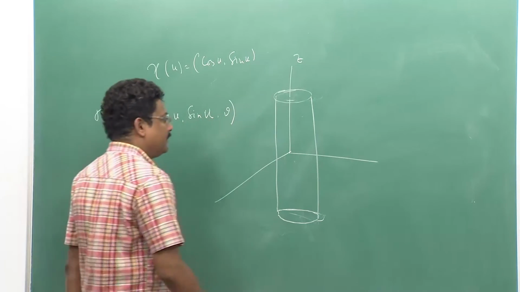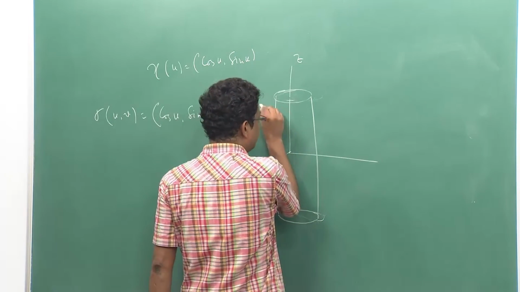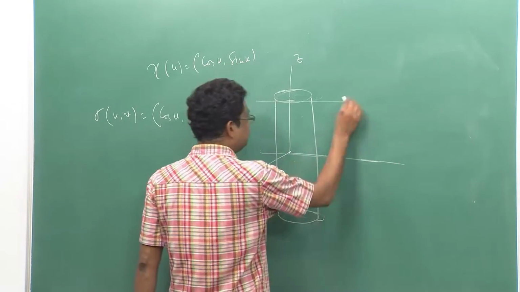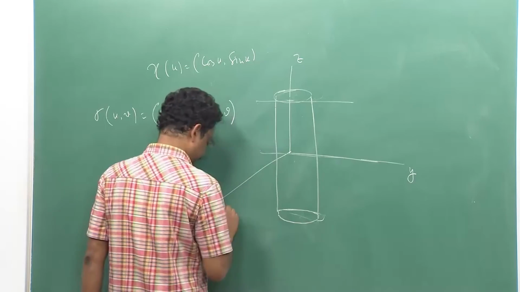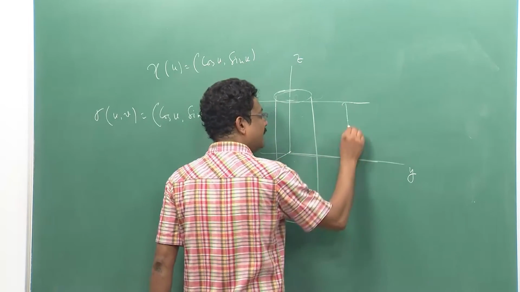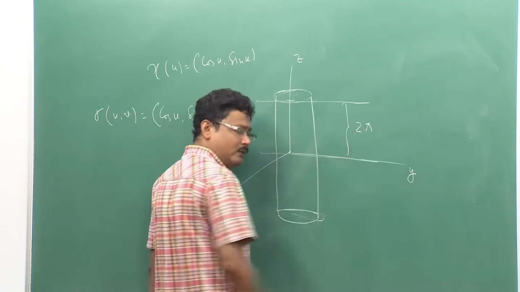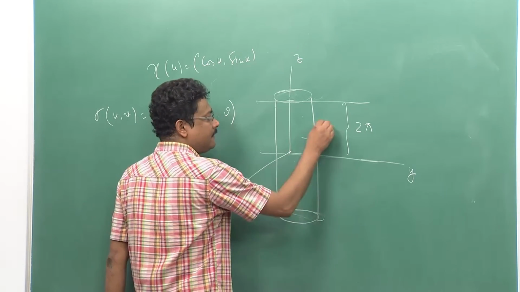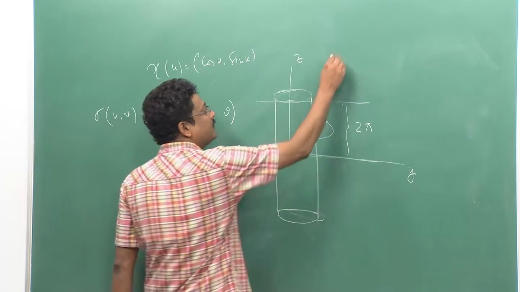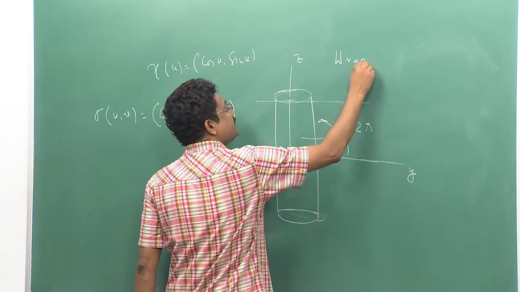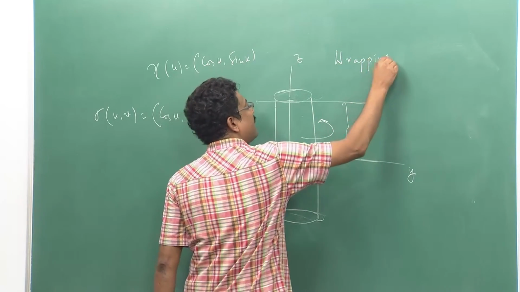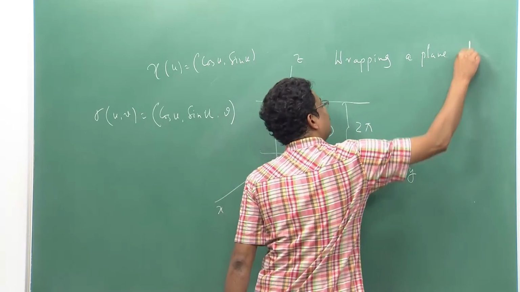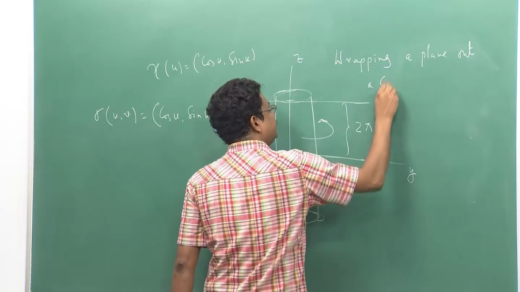And then you look at the yz plane, this plane of length 2 pi. Then we have done this thing before, that I can wrap the plane onto the cylinder. So, recall this wrapping of a plane onto a cylinder.